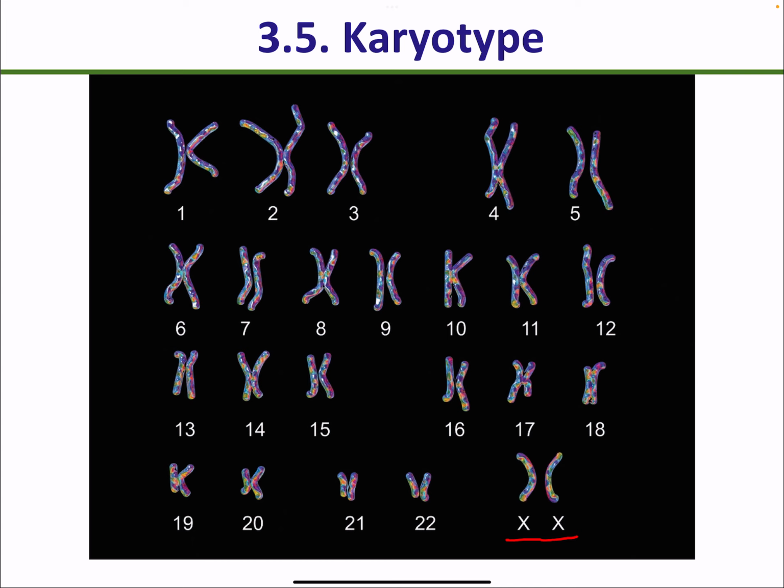So this individual has to be female. These are the sex chromosomes, X and X. So we have pair number 1, one that you receive from your mom and one you receive from your dad, right? That's pair number 1, pair number 2, pair number 3, number 4, and so on and so forth.